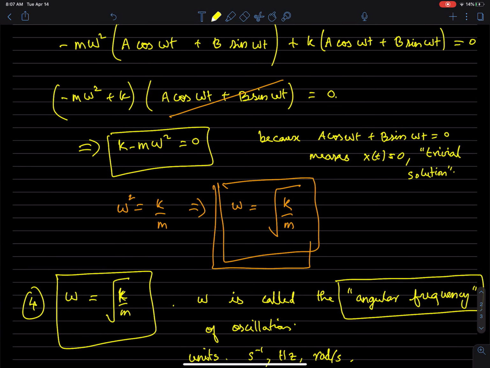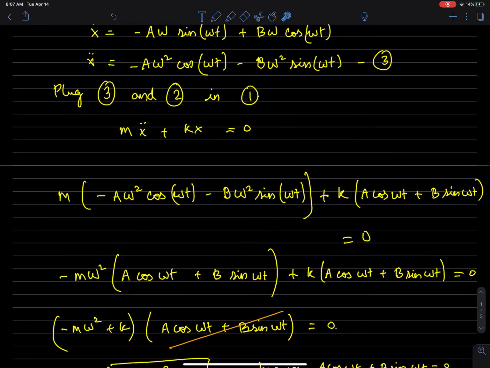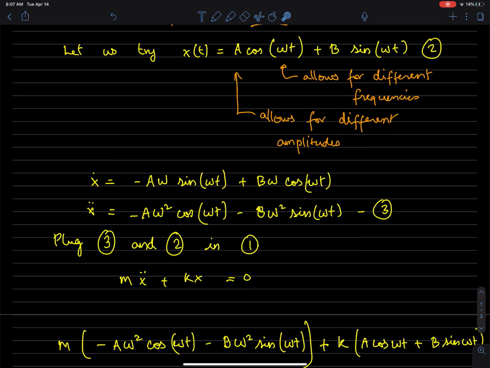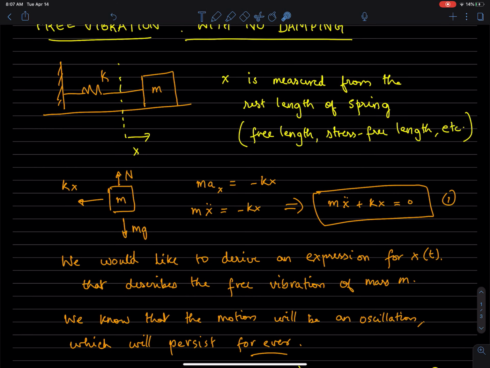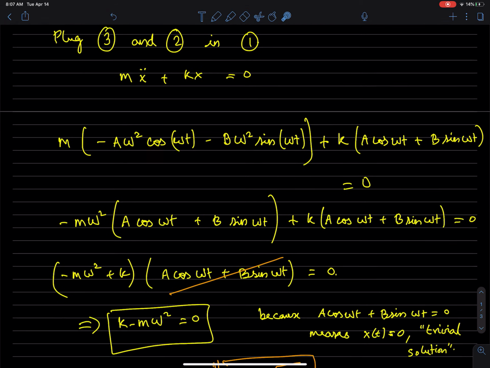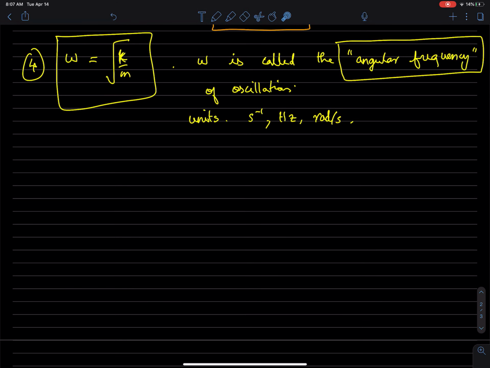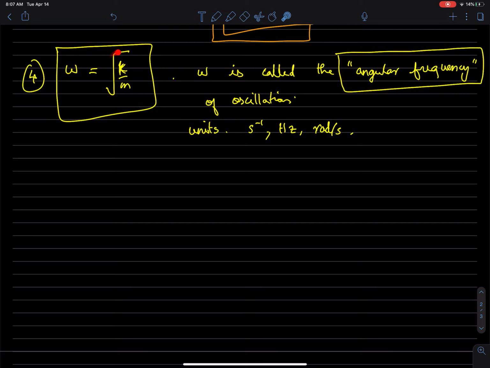Now what are A and B? How do you find A and B in this expression? You've just found the expression for omega. Omega just depends on the mass m and stiffness k. You can talk about the meaning, or the mechanical intuition, provided by this expression, square root of k over m.